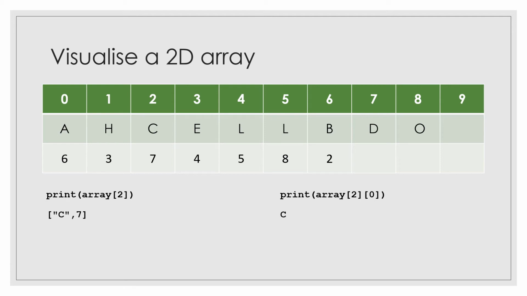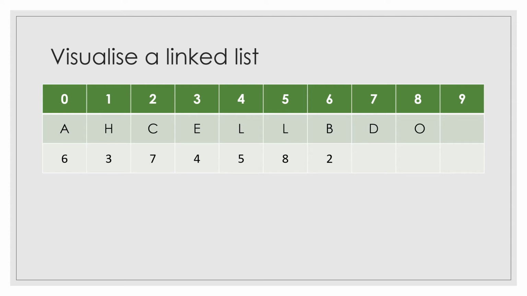The next data structure we're going to look at is called a linked list, and we can store a linked list in a 2D array like this. Here's that 2D array again. A 2D array can be used to store a linked list. Each data location in a linked list is called a node.